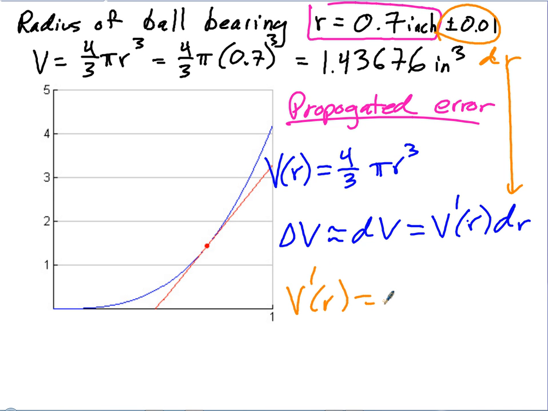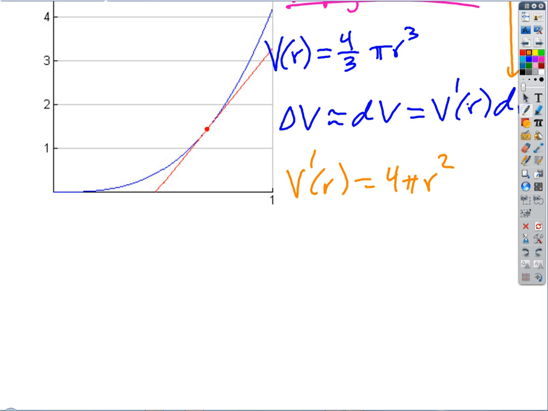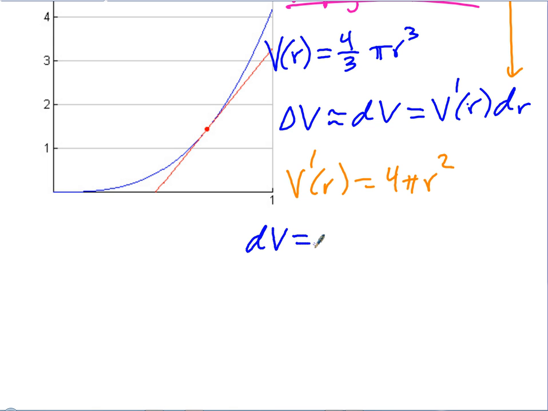If I've got this 4/3 pi, and then the derivative of r cubed, bring the 3 down, and I get 4 pi r squared. And so I could turn this into a formula: dV equals 4 pi r squared times dr. Okay, so let's plug in the numbers and see what we get.